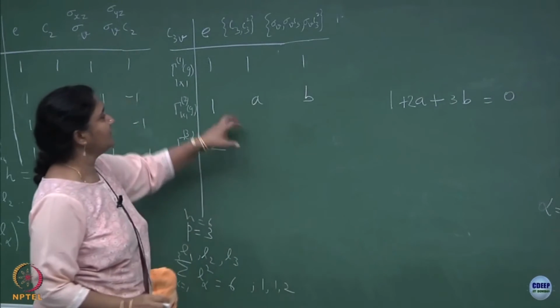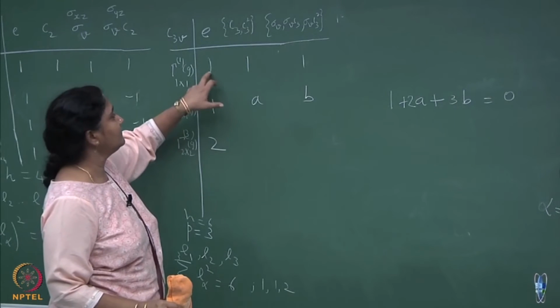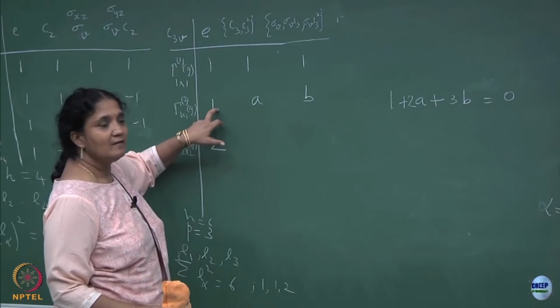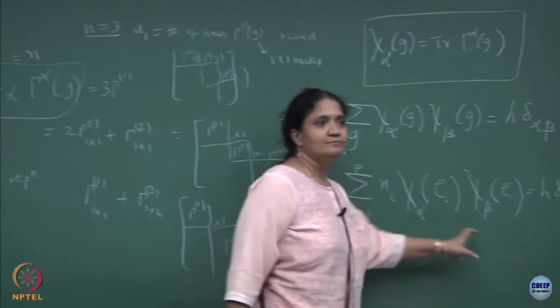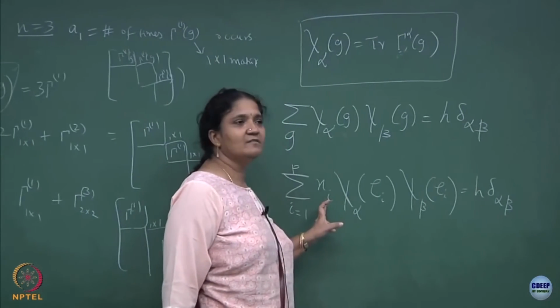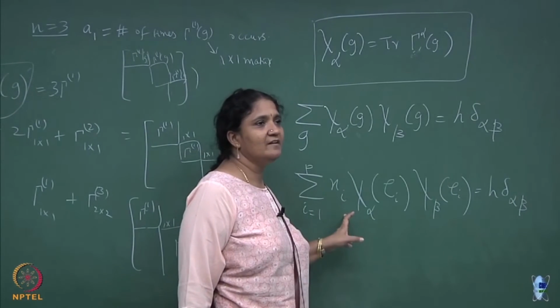I am just multiplying this with this. Alpha is this one and beta is this one. I am using this relation. So, n1 is 1, n2 is 2, n3 is 3.